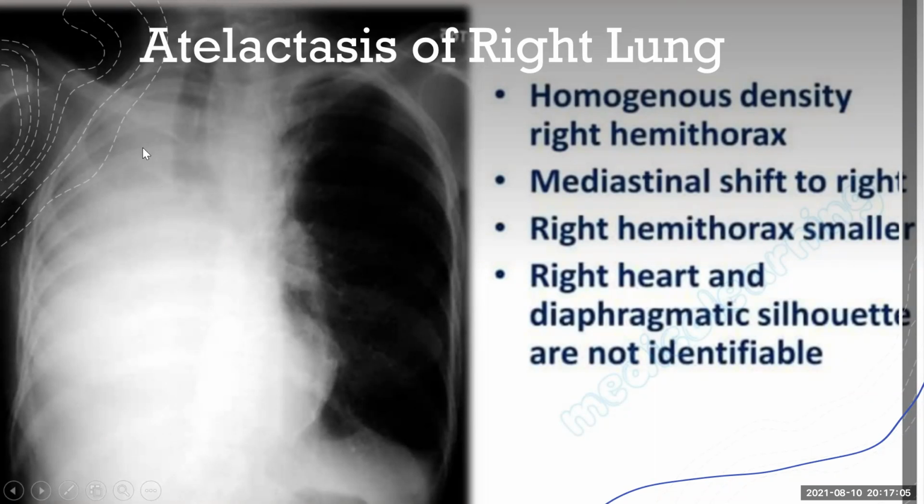So if blood is accumulated in the cavity, you will find it in the form of a white shadow on the chest X-ray. And if there is too much air, you will see too much black. So half of the lung is filled with blood and half of the lung is filled with air. This is mostly happening in those patients who are having atelectasis.